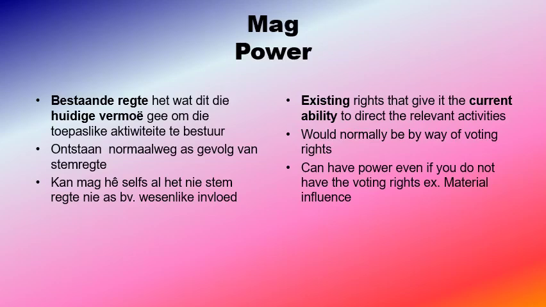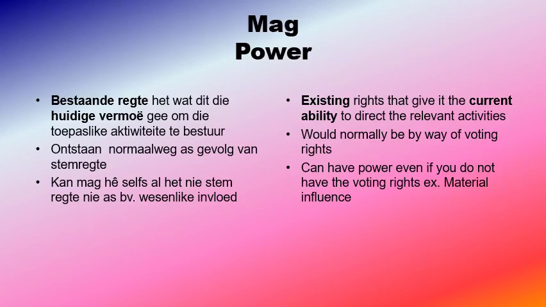And the first one is that you have to have power over the other entity. So power is the existing right that you have. It must exist now already. And it should give you the current ability to direct the relevant activities of the investee. And you would normally get this ability via voting rights.